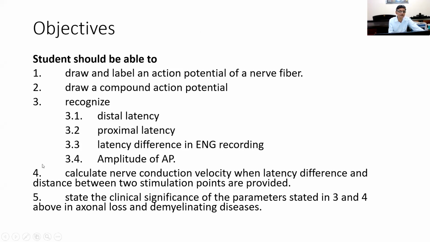And then the fourth objective is calculating the nerve conduction velocity using the above three parameters. Latency difference along with distance can be used to calculate the nerve conduction velocity.